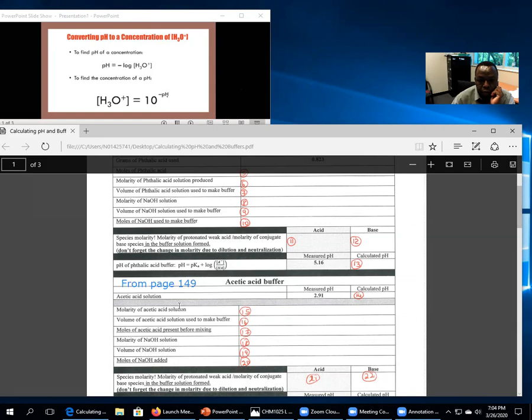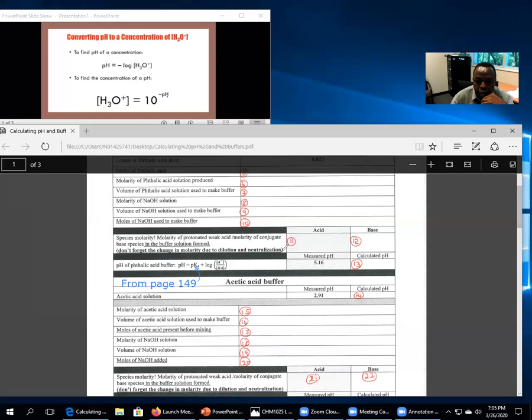You can look at it and say that this is the pKa. That will be the value you will plug in here. Look at where the arrow is going. Look at where the arrow is going. On page 149, you have the pKa of potassium hydrogen phthalate. Potassium hydrogen phthalate.